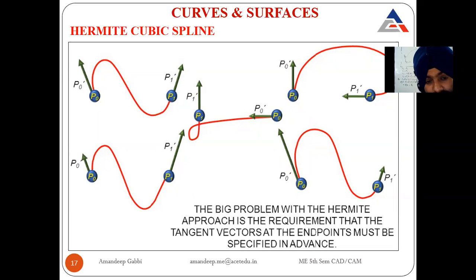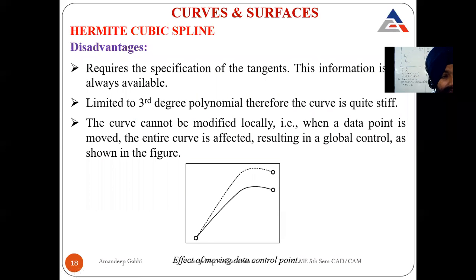You cannot control more than 2 points. If there are 3 points and you need to generate a curve related to them, then you cannot draw that curve with the help of Hermite cubic. That is a big disadvantage of this Hermite cubic spline, and that was the initial starting of cubic spline curves. So these are some of the curves that are generated with the help of Hermite cubic spline.